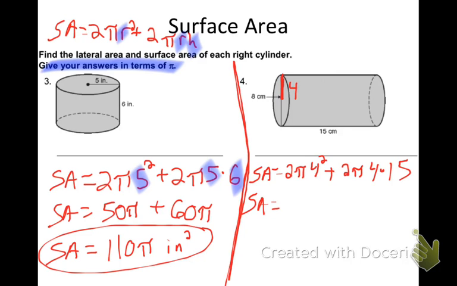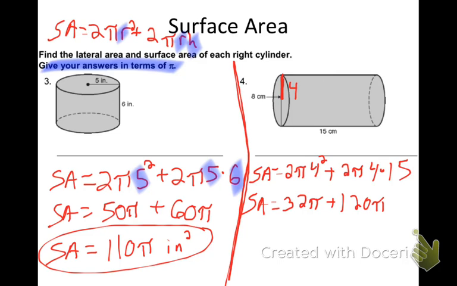And now I do each of them here. Oh, I just want to show it all out first. Okay, now I'm going to work it out. What's 4 squared? 16 times 2? So I get 32 pi. Plus, what's 4 times 15? 60 times 2. So I get 120 pi.